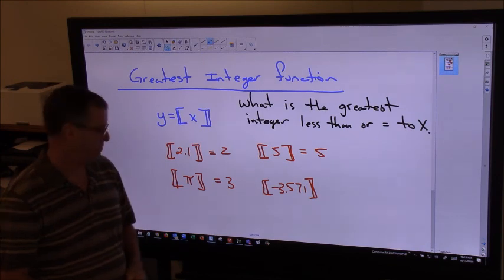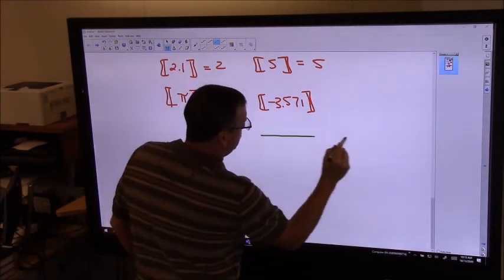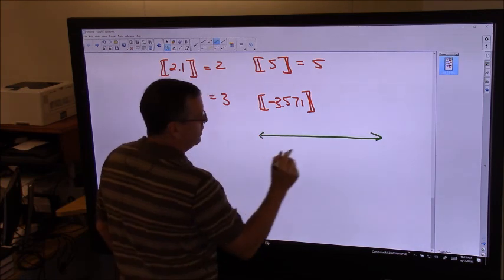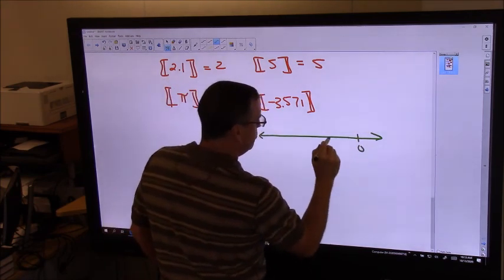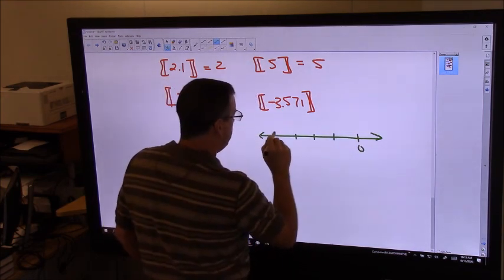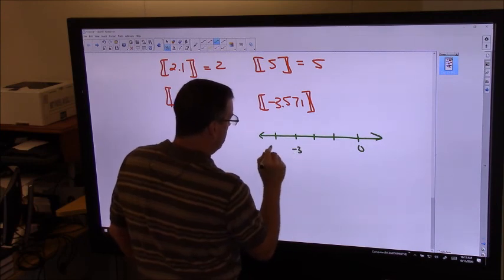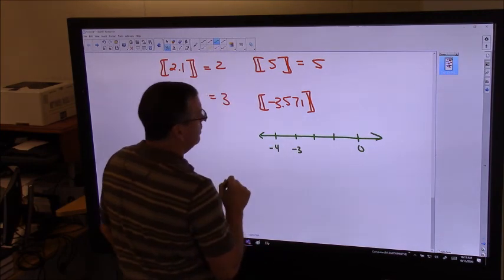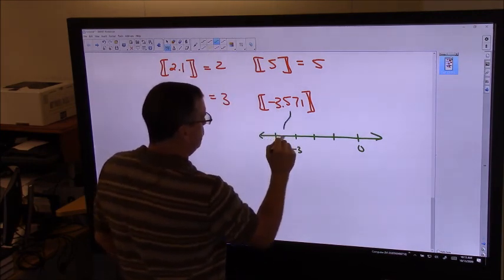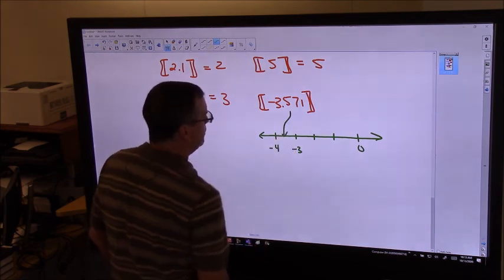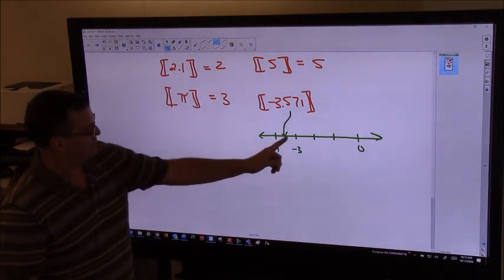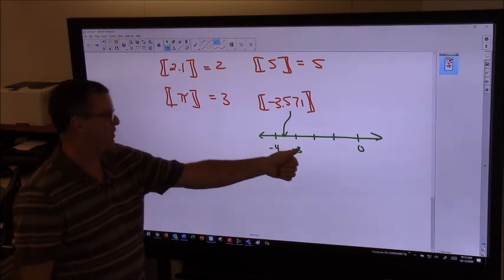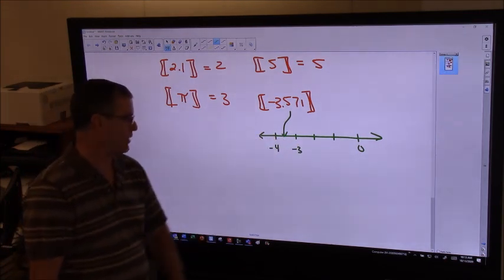No, it's not. If I make a number line, and here's 0, 1, 2, 3, 4, here's negative 3, here's negative 4, this number is somewhere right about there, right? Negative 3.571, just a little bit more than halfway this direction.